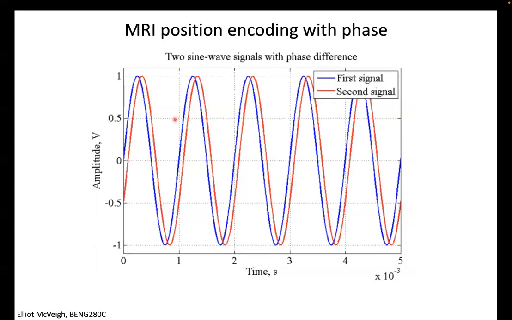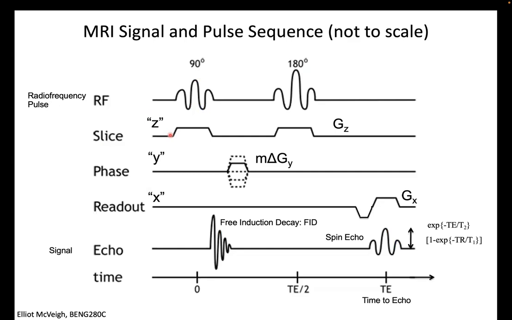The other way of encoding, which I alluded to in the Y direction in that pulse sequence, was phase shifts. So what we can do is, if I acquire one acquisition and I look at my magnetization vector, say it's off center in Y, and for my first acquisition, I do not use a Y gradient.